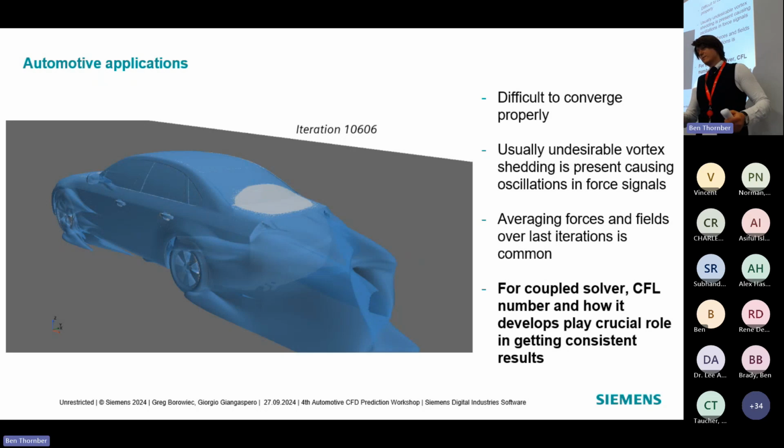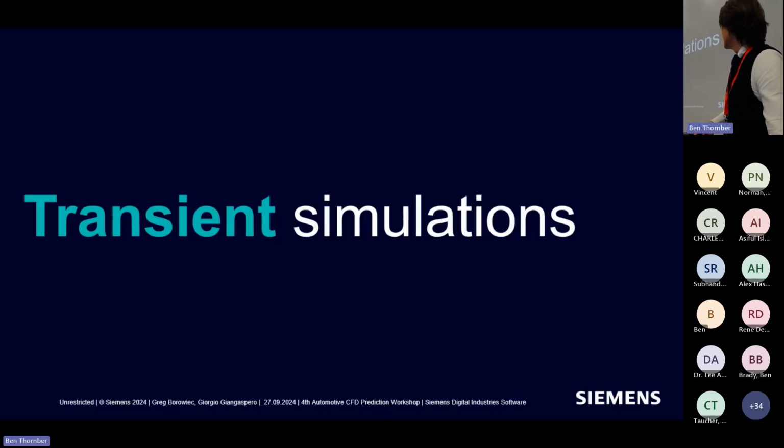For such not properly converged steady-state signals, we found out that when using the coupled solver, the CFL number and how it develops, the road to convergence, matters for the consistency of obtained results.